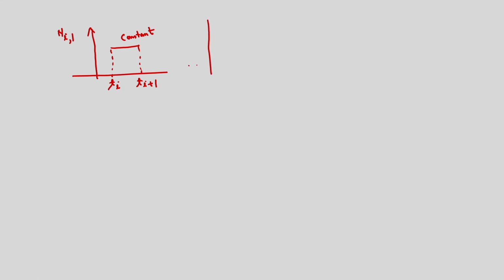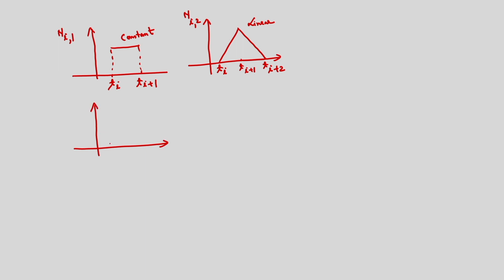And if I consider this one, the B-spline of order 2, for this I need three knot points Ti, Ti plus 1 and Ti plus 2. So already I have defined this is the linear B-spline of order 2. And the B-spline of order 3, so what will be the B-spline of order 3?